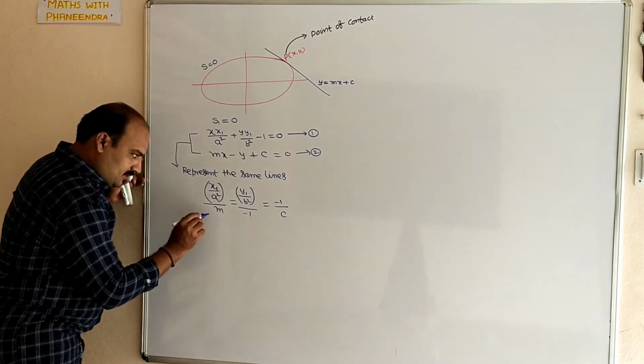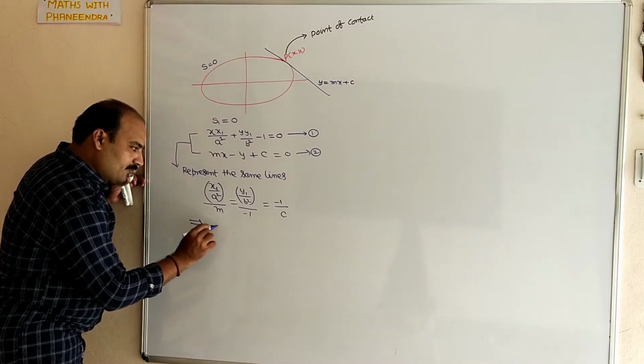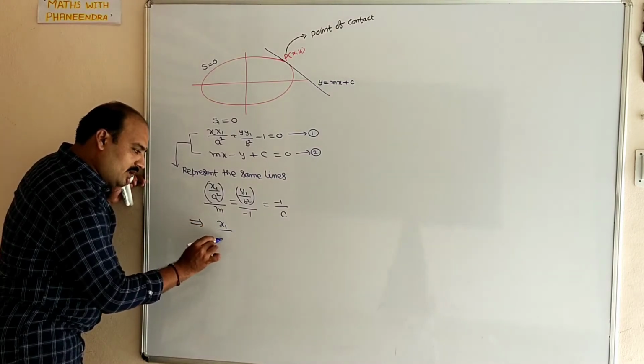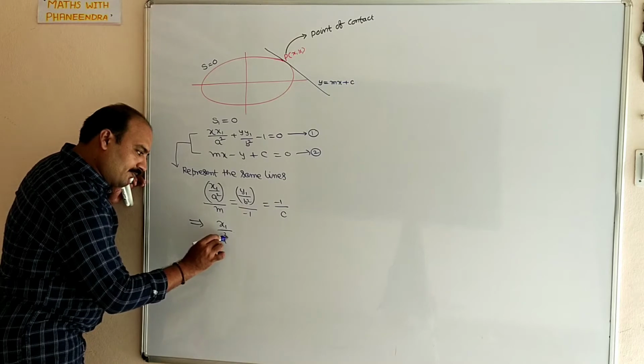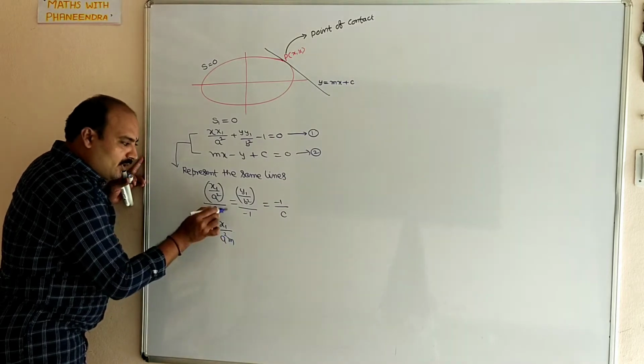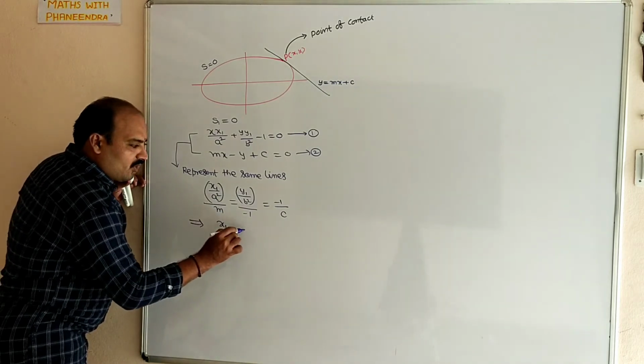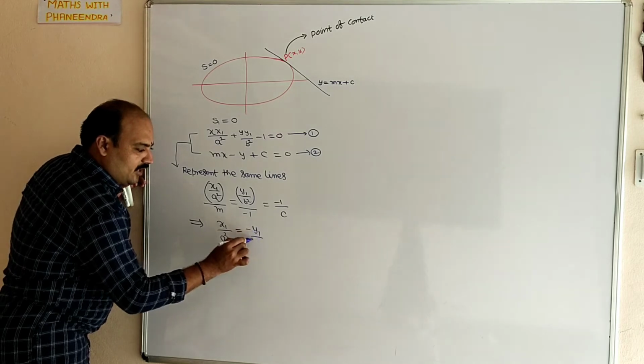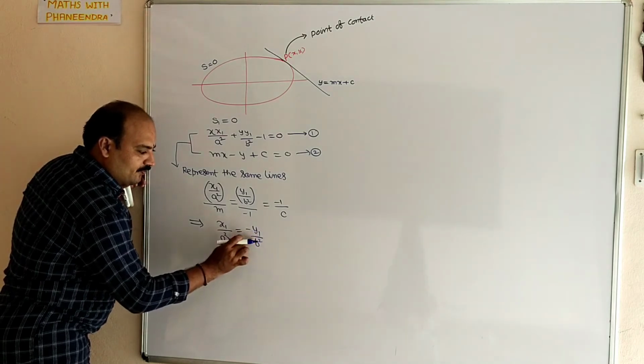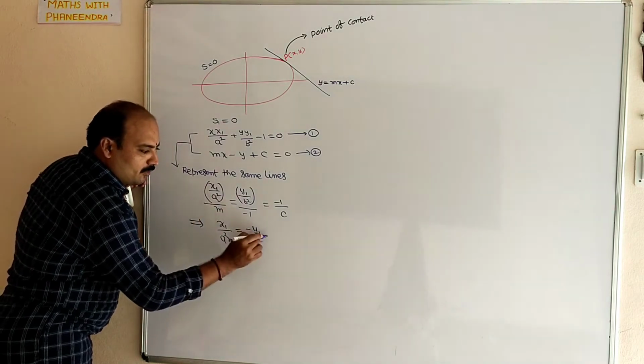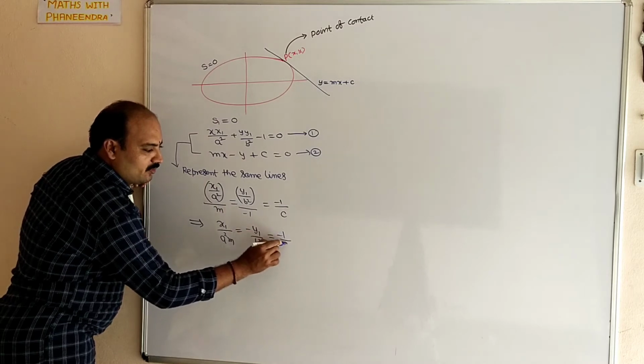So it becomes x1 by a square m, then y1 by b square over minus 1, then minus 1 by c.